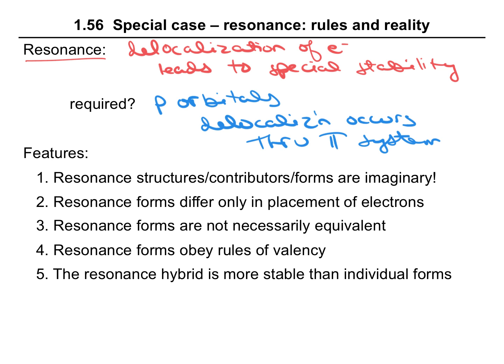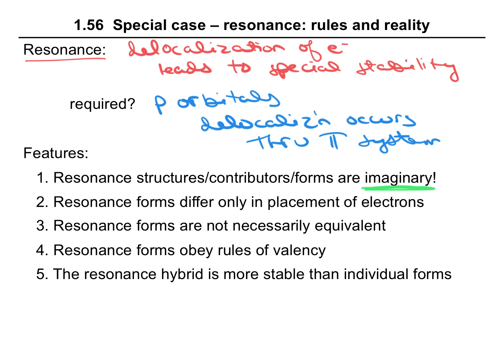Now, some of the features that we need to keep in mind are that resonance structures, the resonance contributors, resonance forms, these are all imaginary. The movement of electrons that we use to interconvert between different resonance structures, these are also imaginary. We need to use the Lewis structures to keep track of how many electrons we have and what kind of bonds we have, but each structure does not exist.